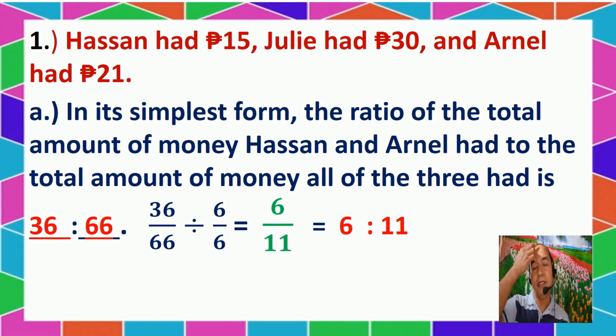So 36 divided by 6 will give us 6. 66 divided by 6 will give us 11. So 11 is a prime number, therefore we have now the simplest form of the ratio. So the ratio in the simplest form is 6 is to 11. So from 36 is to 66, making it into its simplest form, we have 6 is to 11.